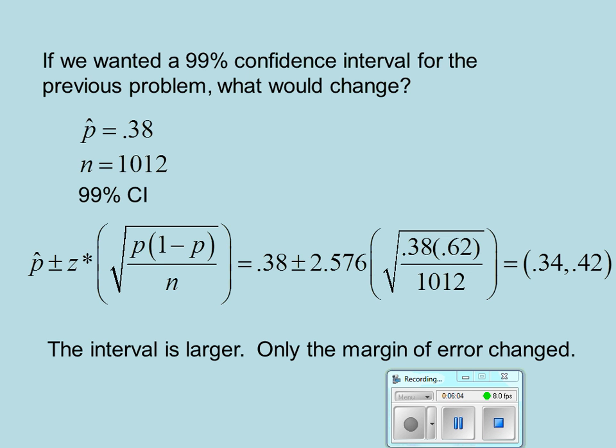The interval is larger. The 34 and 42 is wider on a number line. So only the margin of error is changed. When we went to a higher confidence level, the interval is larger. Hopefully that makes sense to you.